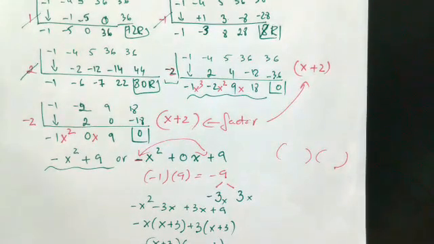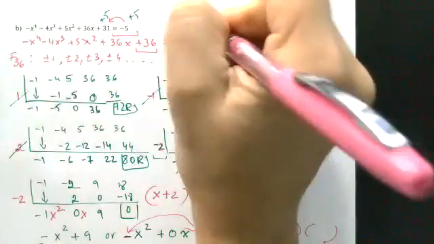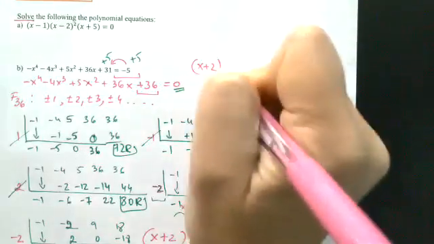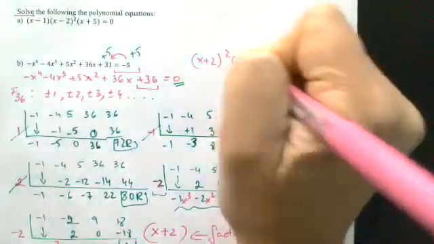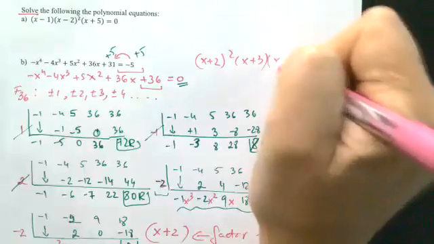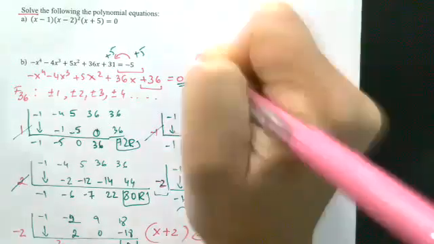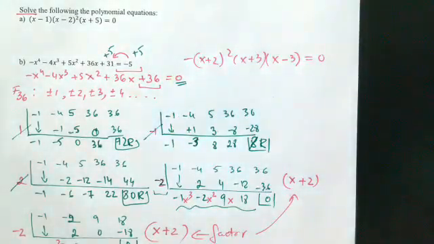I have x plus 2 appearing twice, right? We have x plus 2 squared. I have an x plus 3, and I have an x minus 3 equals 0 with a negative in front. Clear? Now what do you do to solve for x?